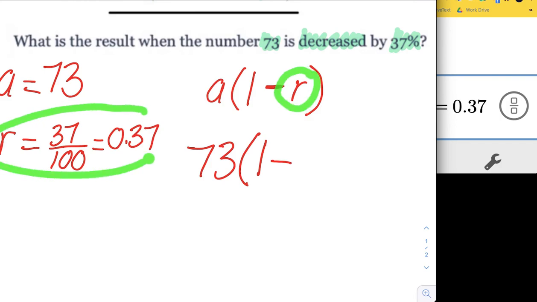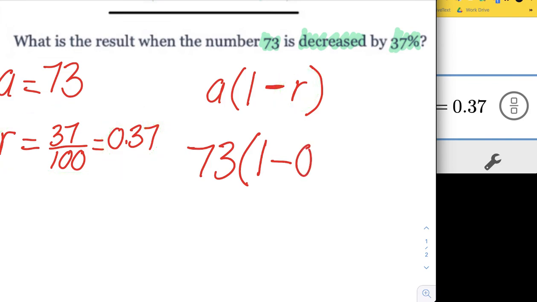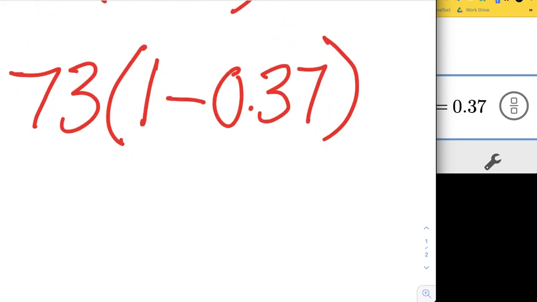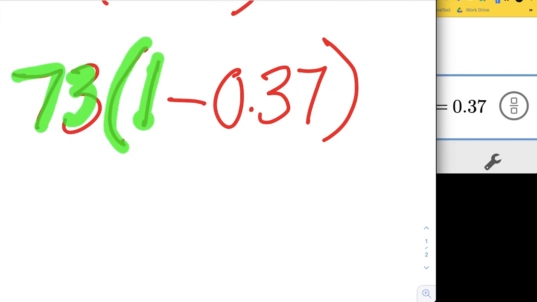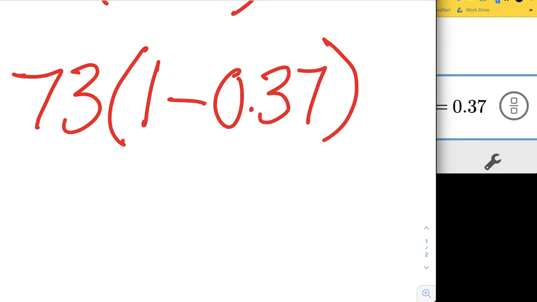Our R is equal to 0.37, close parentheses, right? The whole thing. I have to write 73 parentheses 1 minus 0.37 parentheses. The whole thing is going to go in the calculator.